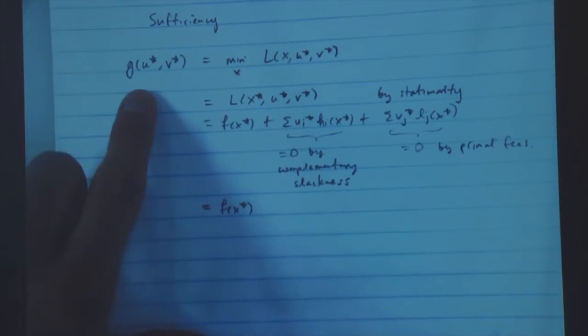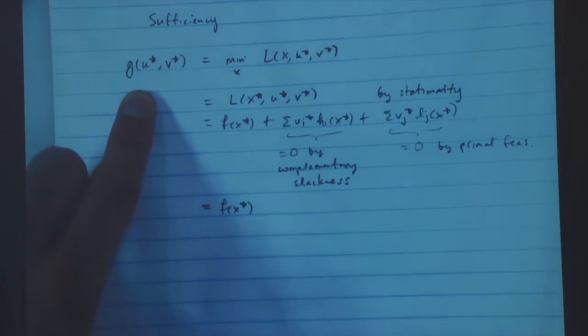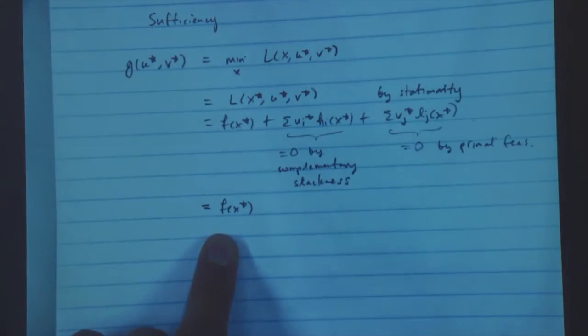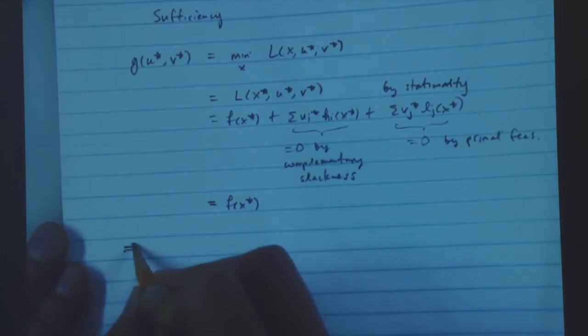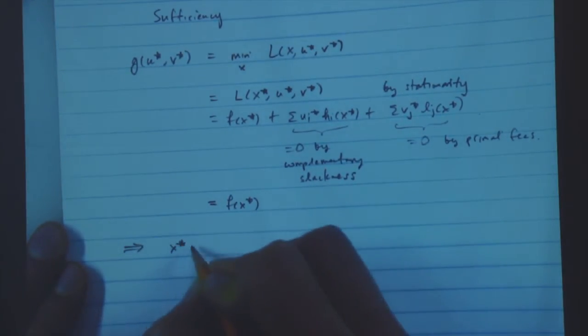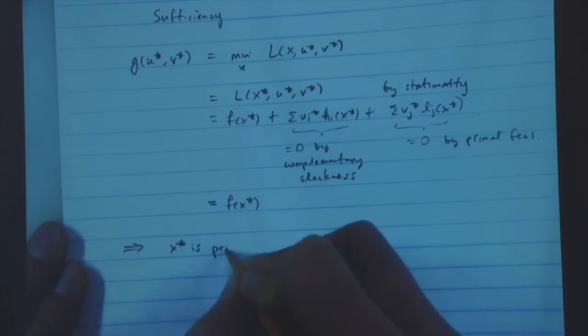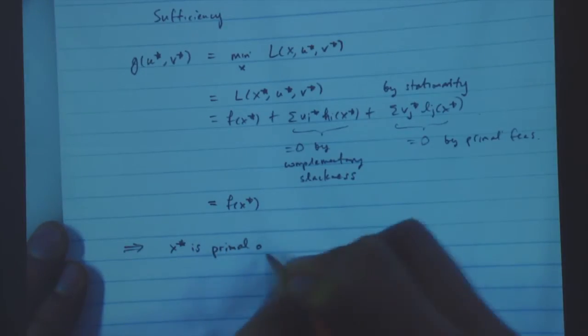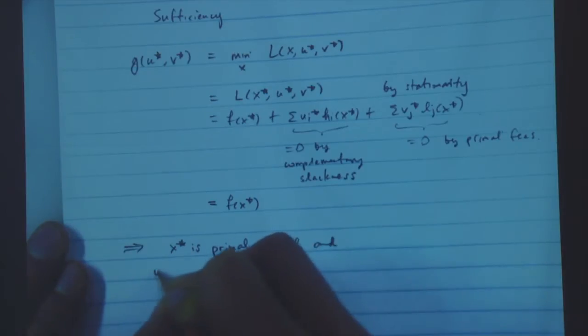So if I tell you that I have g of u star v star, where u star and v star are dual feasible, is equal to f of x star, where x star is primal feasible, then this implies that x star is primal optimal and u star and v star are dual optimal.